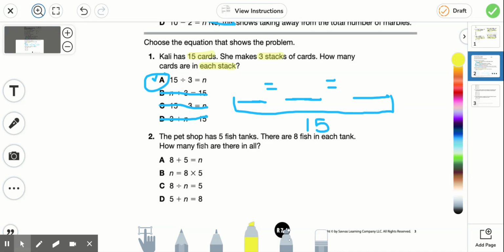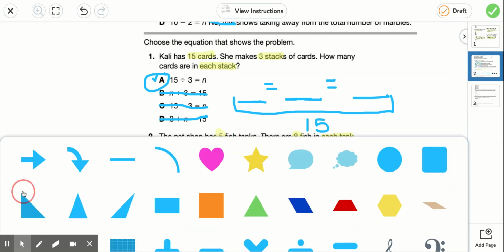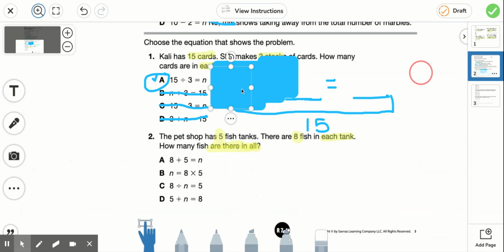Now let's look at number 2. The pet shop has 5 fish tanks. There are 8 fish in each tank. How many fish are there in all? In all. So there's 5 tanks. I'm going to use my shapes here to draw these. There's 1, 2, 3, 4, 5. Here we go.